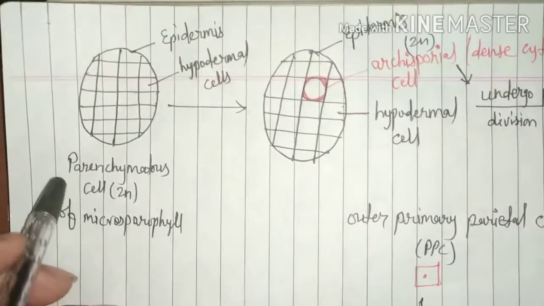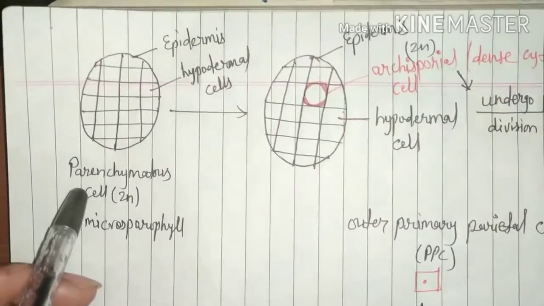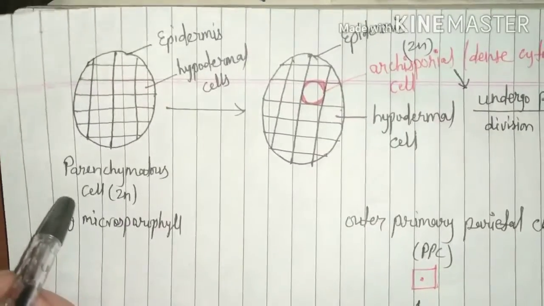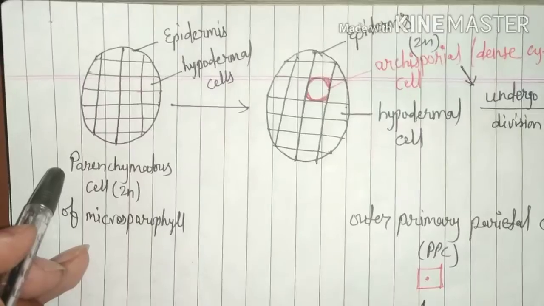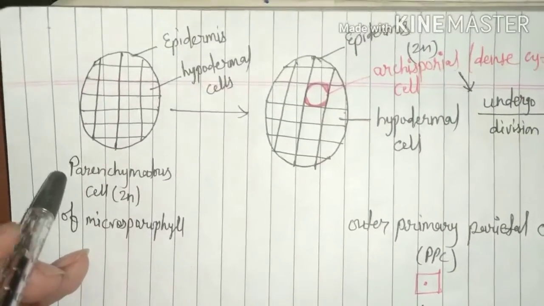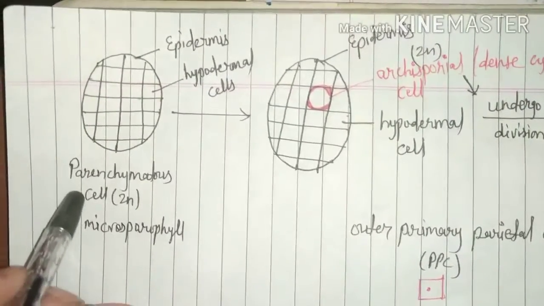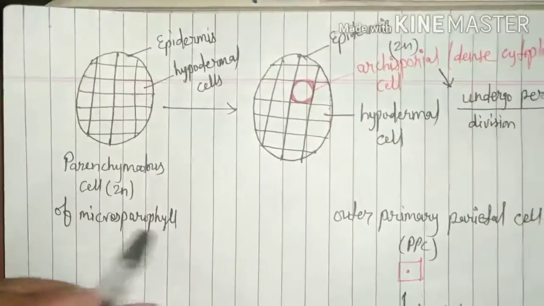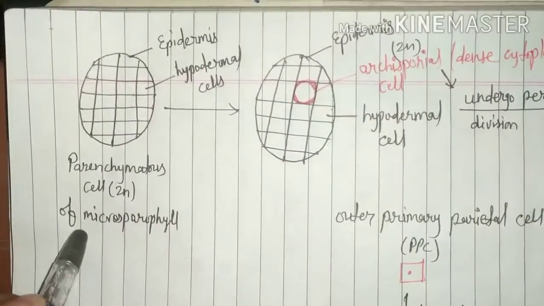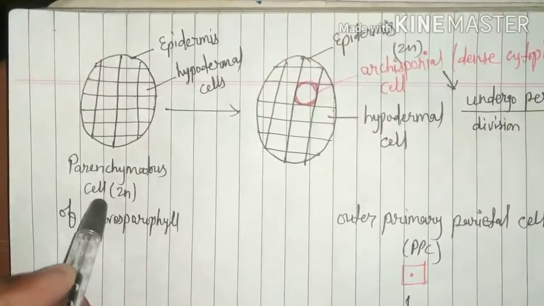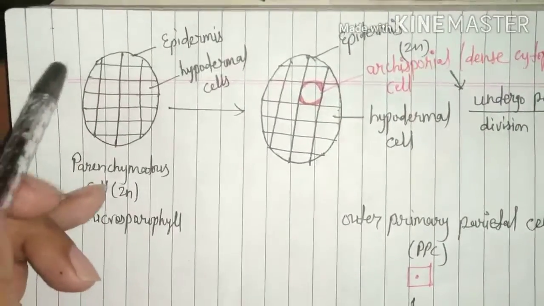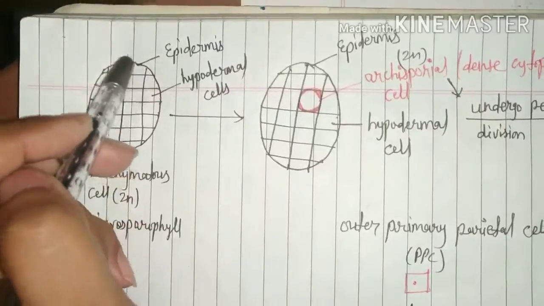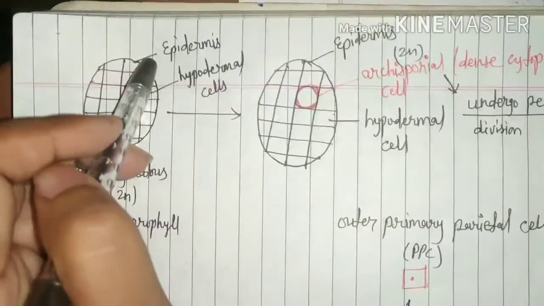Let's see the development of the microsporangium diagrammatically. In the early stage of development, parenchymatous cells of the microsporophyll leaf of the plant, which are in diploid condition, form the outermost layer, the epidermis.